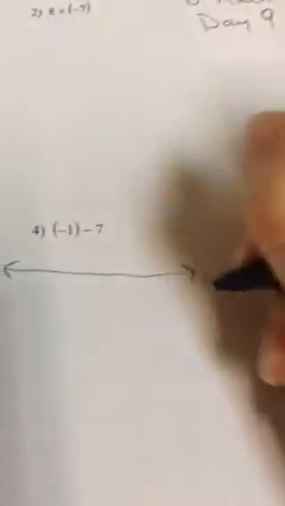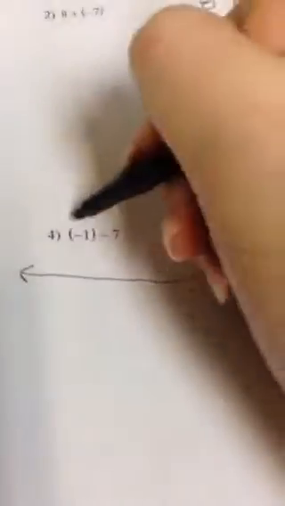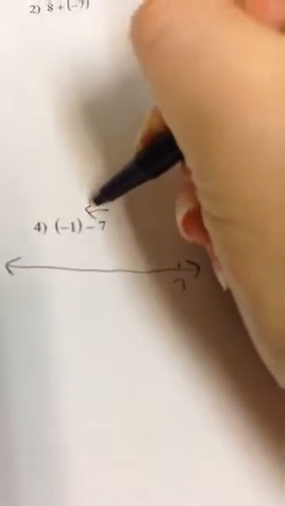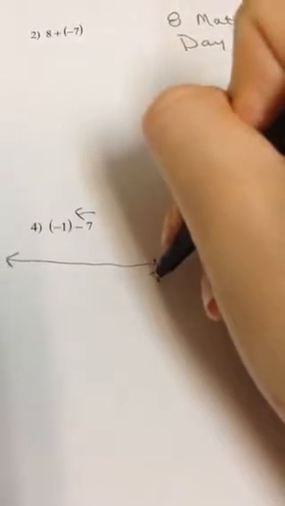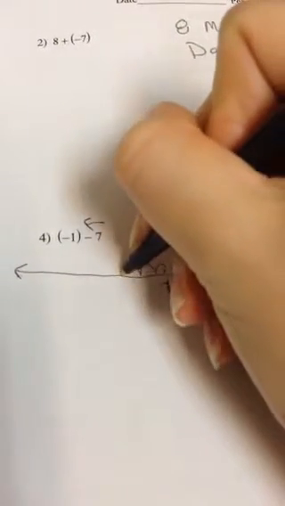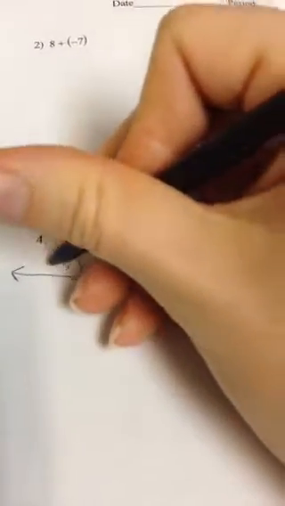Number 4 is a little bit different. I just have a minus. So this means I'm starting at negative 1, and I'm going minus 7. So I'm going 7 to the left. 1, 2, 3, 4, 5, 6, 7.